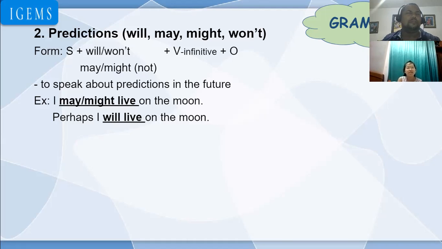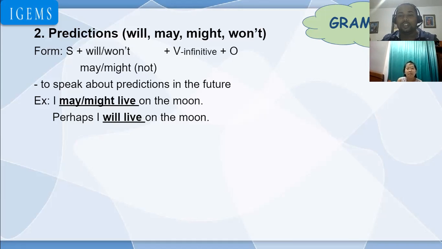Okay, I may live on the moon, but is that 100% sure that you're going to live on the moon? Unless you have a rocket and go there. Do you understand that? So it's not 100% sure that you can live there. You say, I might live on the moon.